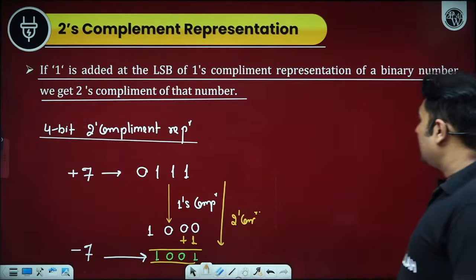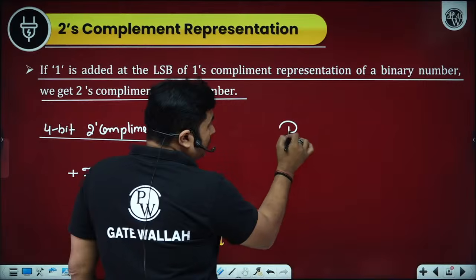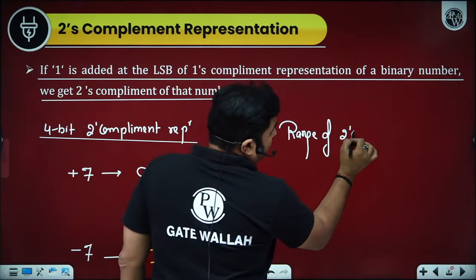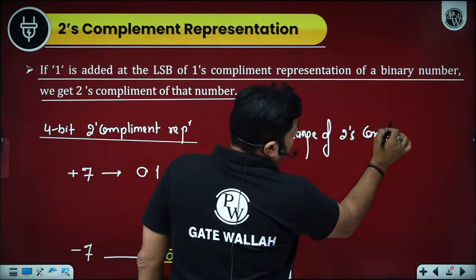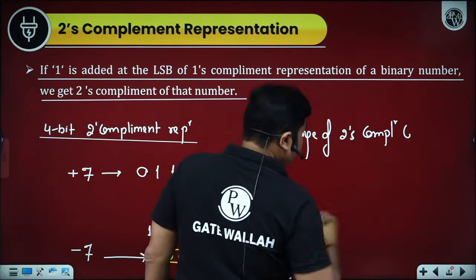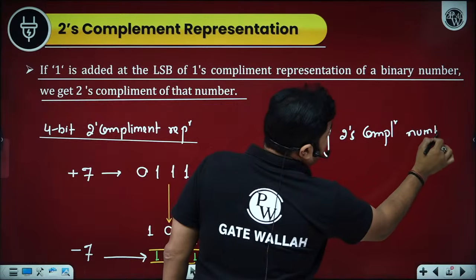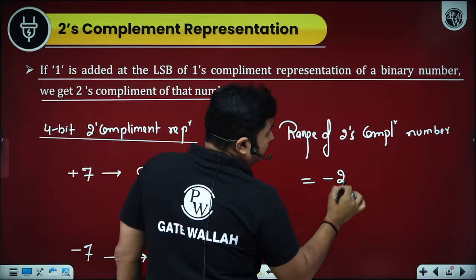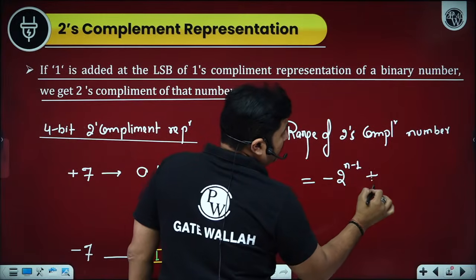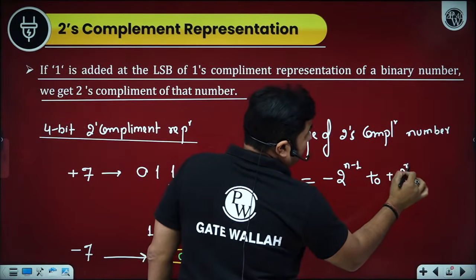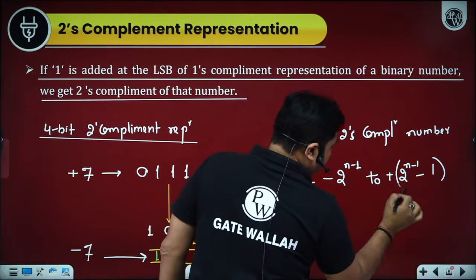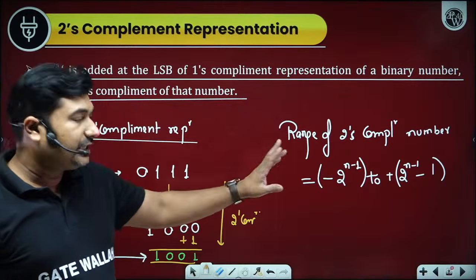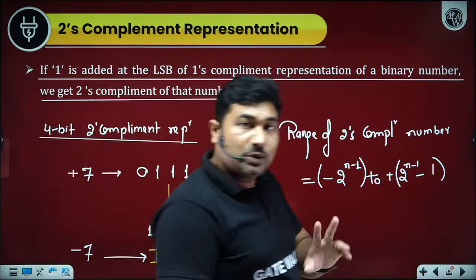The range is from minus 2 to the power n minus 1, to plus 2 to the power n minus 1, whole minus 1. For a 4-bit number, it is from minus 8 to plus 7.